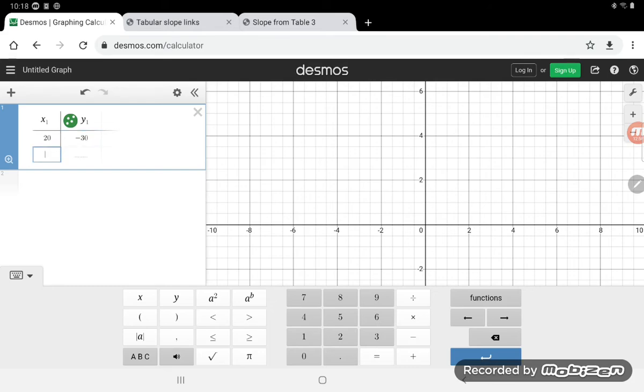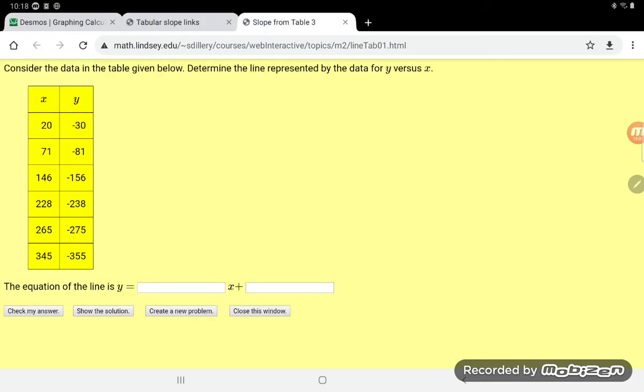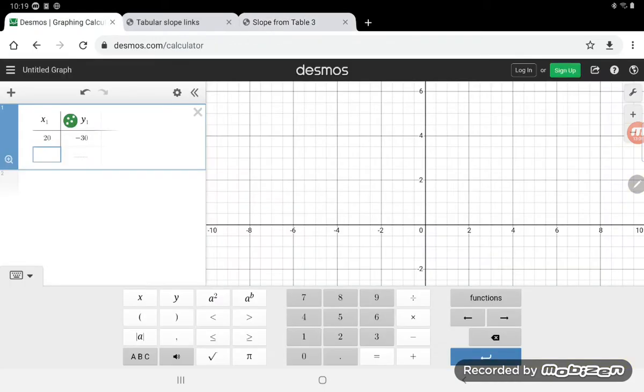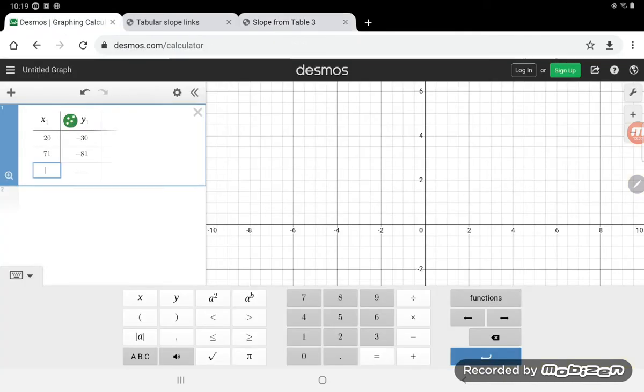Okay, and then I can, oops, wrong spot. There we go. 71 and negative 81. And 146 and negative 156.